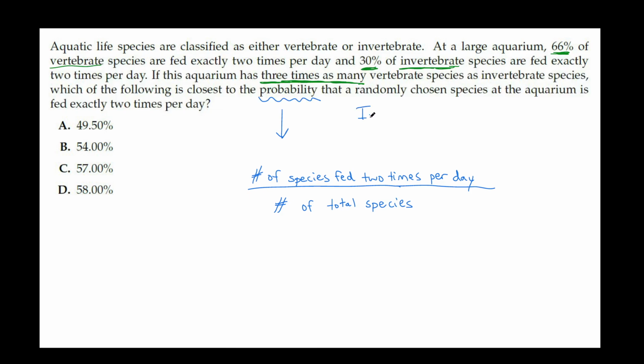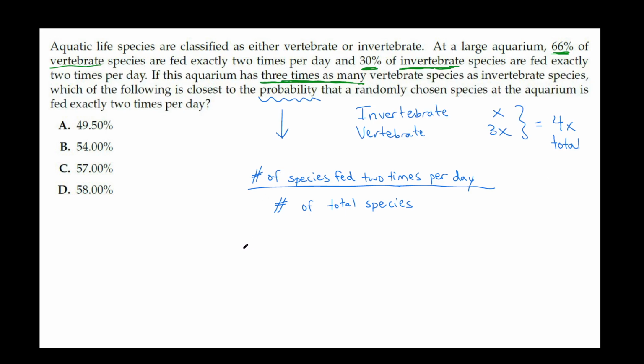So let's say that I call the number of invertebrate species X. If there are 3 times as many vertebrates, then I can write this in terms of X as 3 times X. That means that in total, this is going to be 4X species. Now, X is some number, and even though I don't know what X is, it turns out that we're not going to need X because we're just looking for the percent, not the actual number overall.